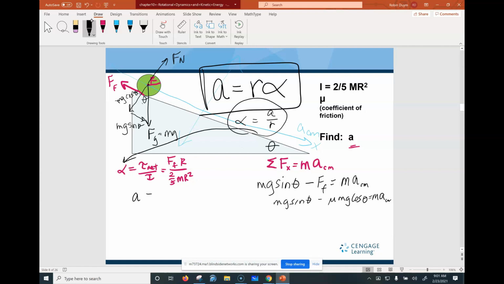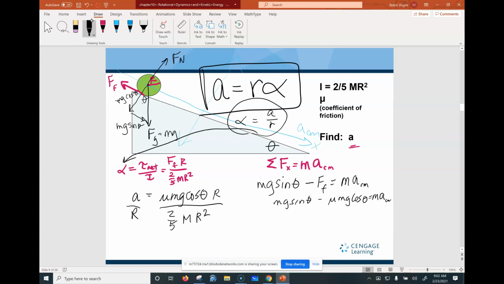So A over R is going to be my force of friction, which is mu g cosine theta times R, all over 2/5 mr squared.